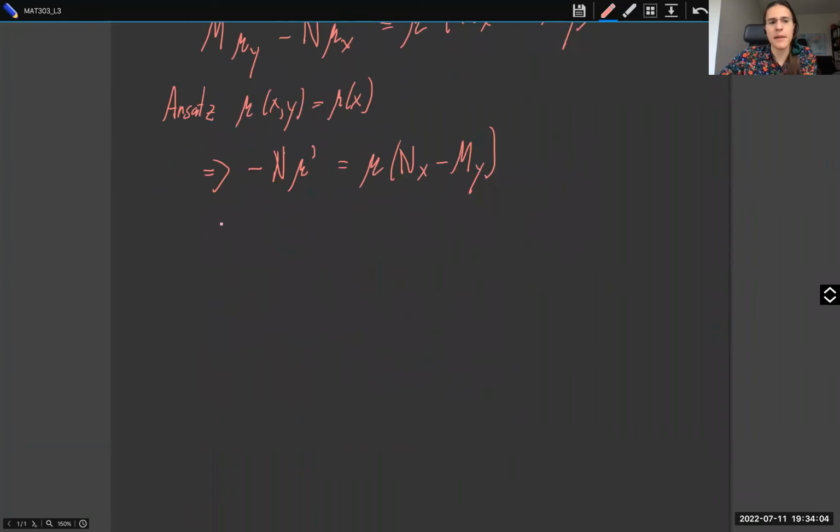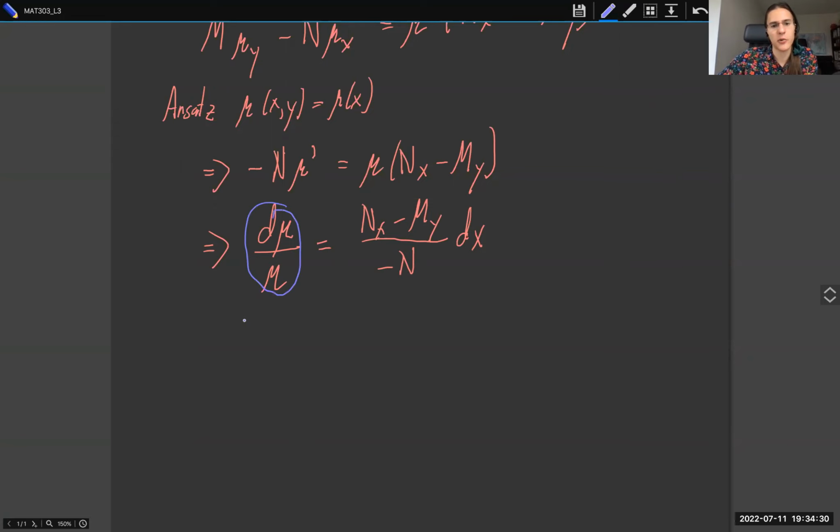So when am I able to solve for this? Well, I can rearrange this as d mu over mu is equal to (N_x minus M_y) divided by negative N, dx. Now, this side right here, is it a function of x alone?